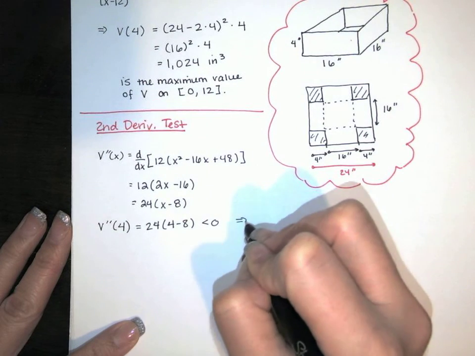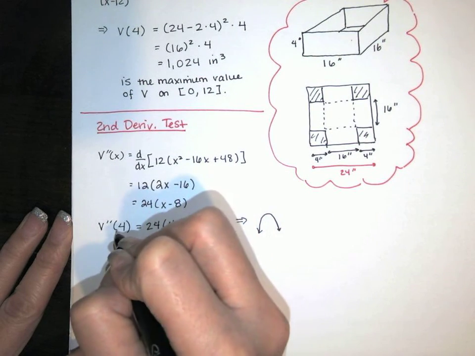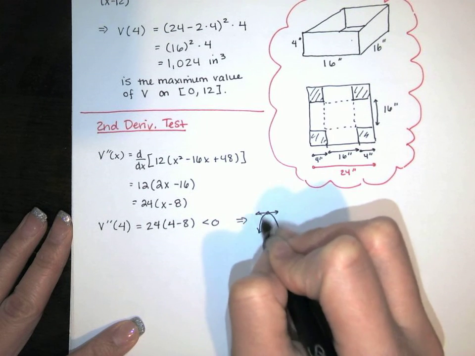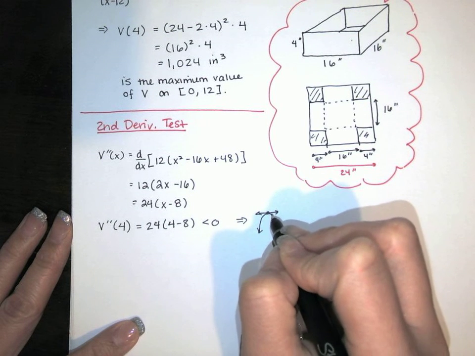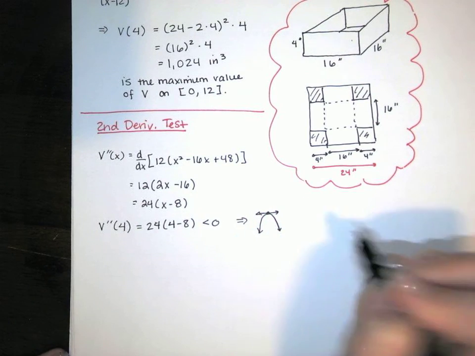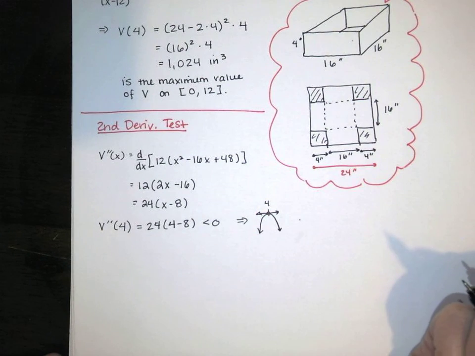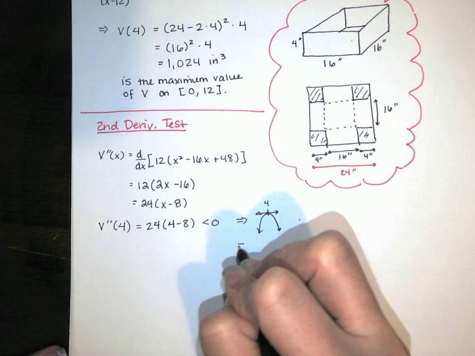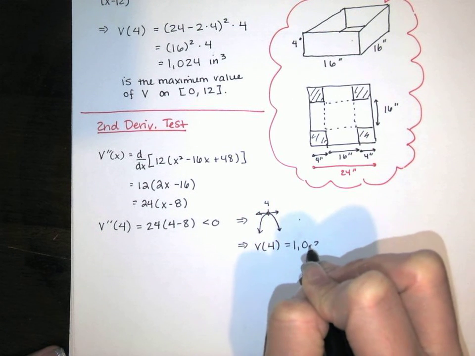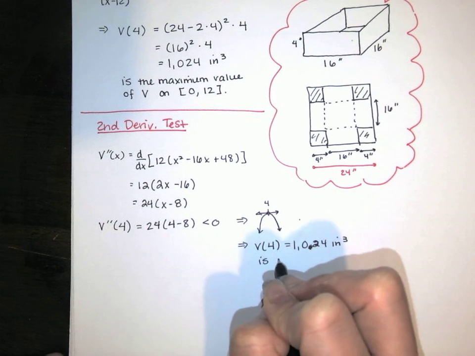That means the graph is concave downward. If the first derivative at 4 is 0, and the graph is concave downward, then you must be at a relative max. So that's at x equals 4. So that means v of 4, which we already calculated earlier, is 1,024 inches cubed, a relative maximum.